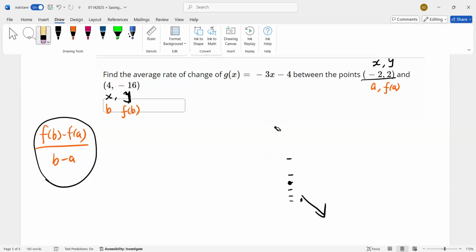I was trying to show you how you find the pieces in a formula, then you can just plug it in. Okay, how about this? We do one step at a time. Do you agree B is 4? Yes. Do you agree A is -2?